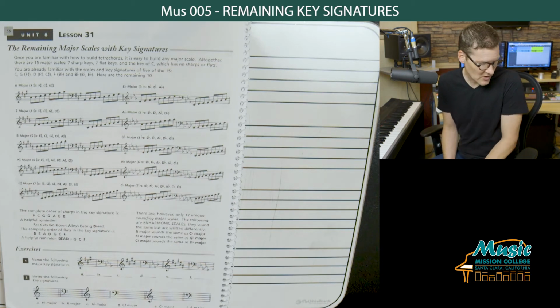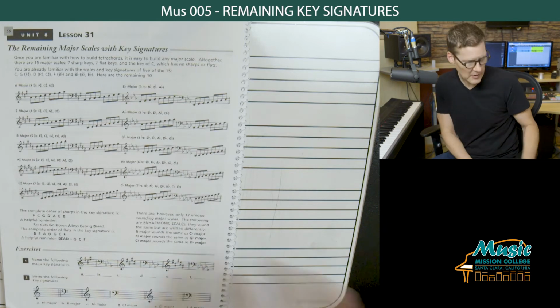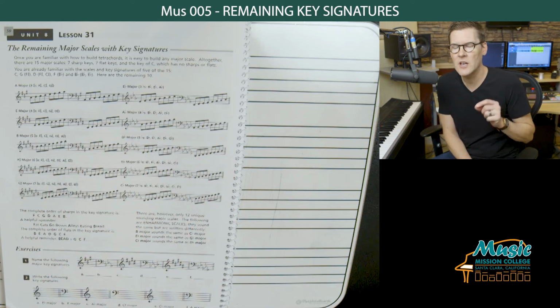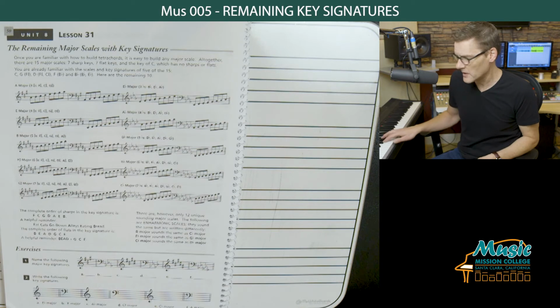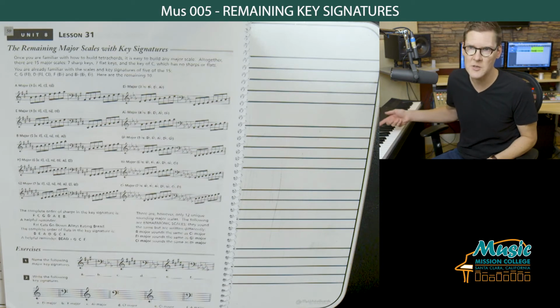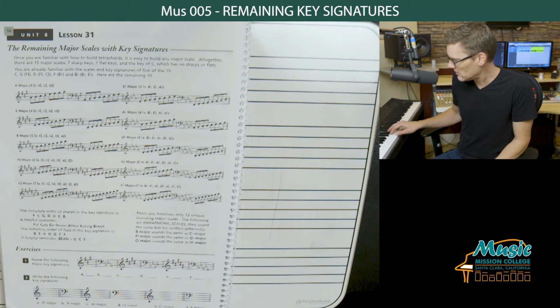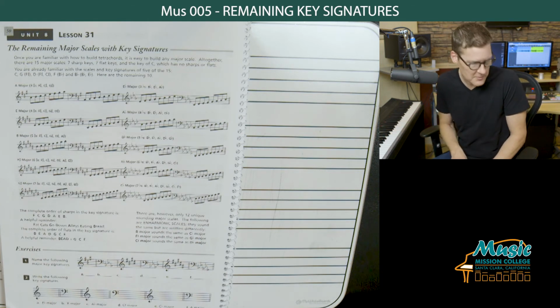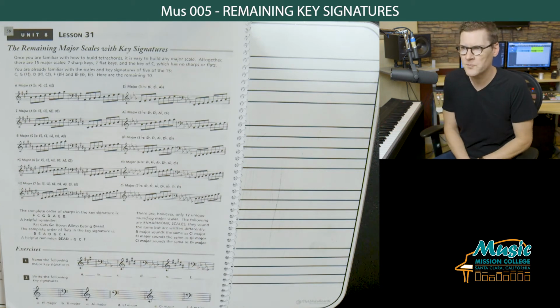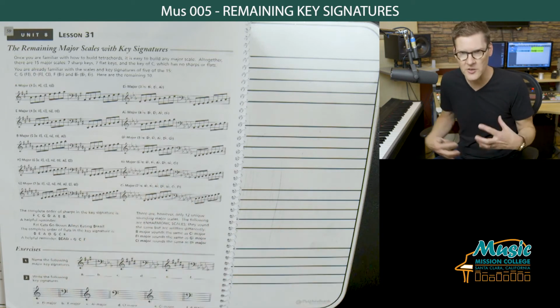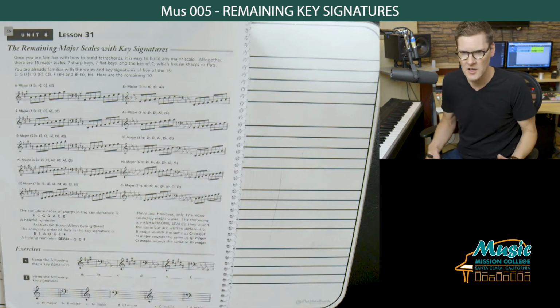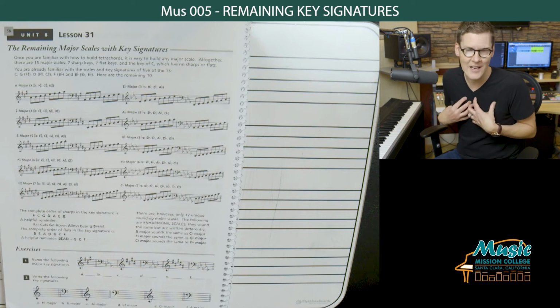So don't be overwhelmed by all of this. If you're understanding the concept of observing that scale pattern of half steps and whole steps, and then just altering notes in order to observe that pattern, then that's the concept. Over time, as a musician, when you play these on your instrument or in songs, they start to accumulate and get in you.